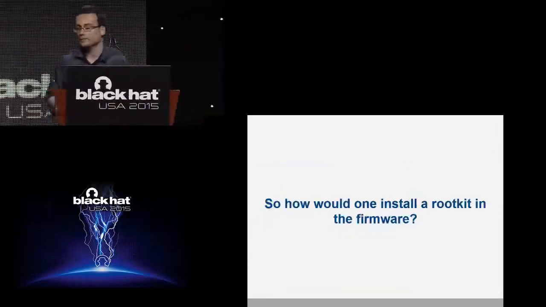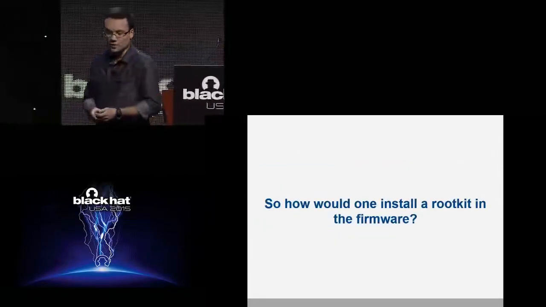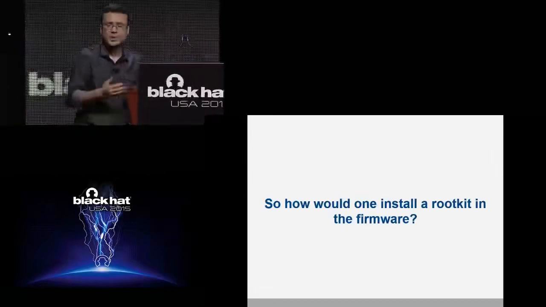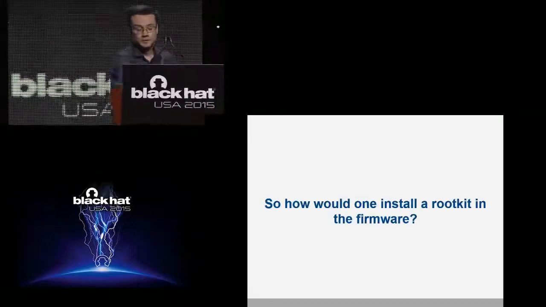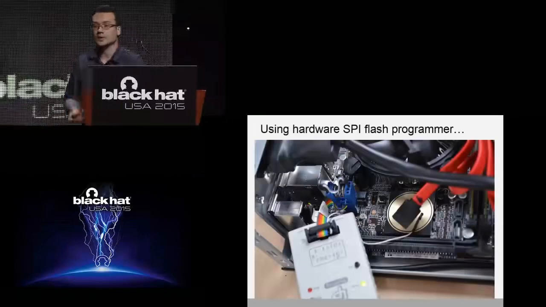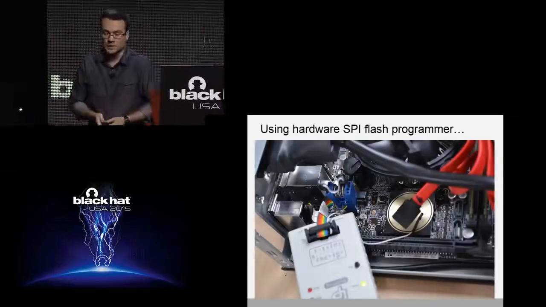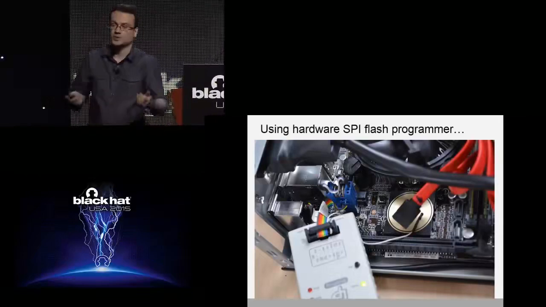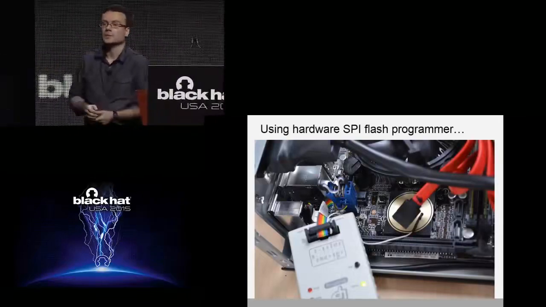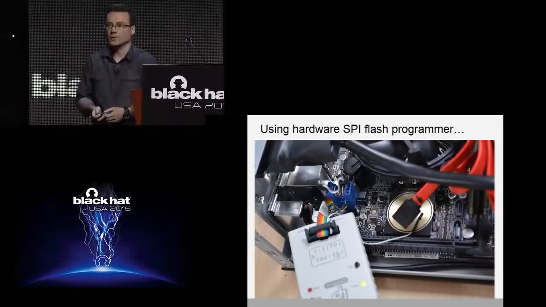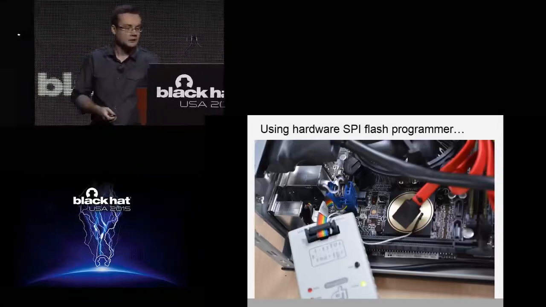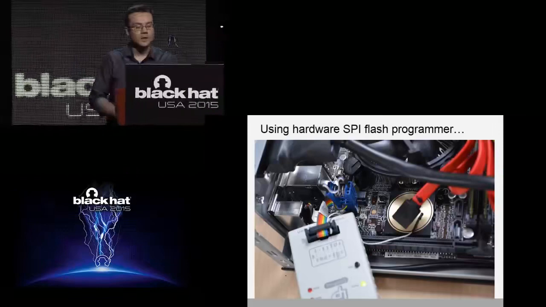Before explaining a little bit more detail about that, so how that rootkit could be installed. First, obviously, you can install it using a hardware programmer, specialized equipment, to reflash the firmware on a SPI flash chip. I believe Zeno from Legbicor calls this border guard attack.